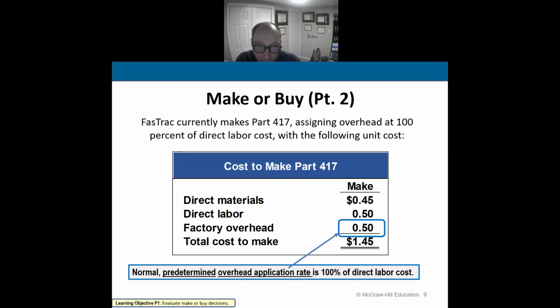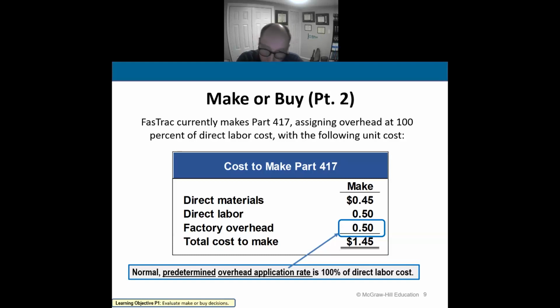and we're going to assign an overhead of 100% of the direct labor. So we have fixed factory overhead. We'll say that's our overhead rate. Our overhead rate is 100% of labor. Predetermined factory overhead rate. It's a single plant-wide rate method, for those of you keeping track. So I look at the cost of making this set of wipers, part 417. It costs 45 cents in direct materials.